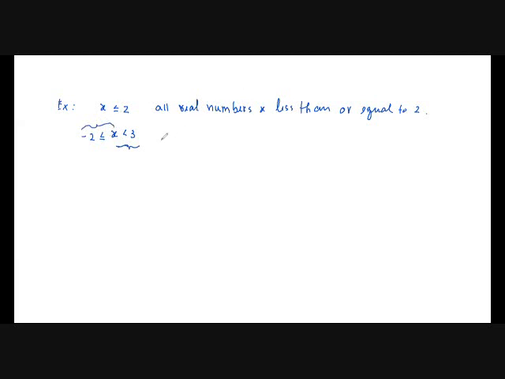So we can break it down and say x greater than or equal to -2, and we use "and" because this is an "and", then we have x less than 3.